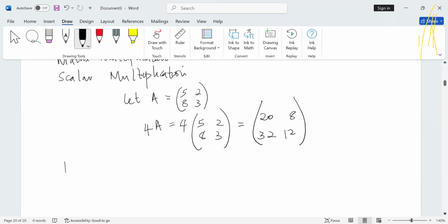So we look at matrix multiplication. So there is a rule here.